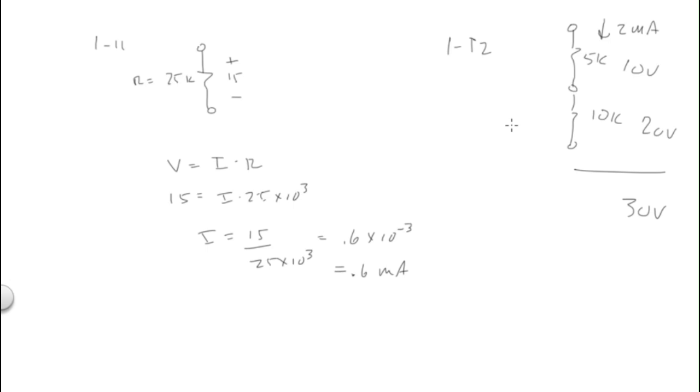13. After finding the resistance of 1-4A, calculate the current if the voltage is changed to 14 volts. So this is a little bit more involved.